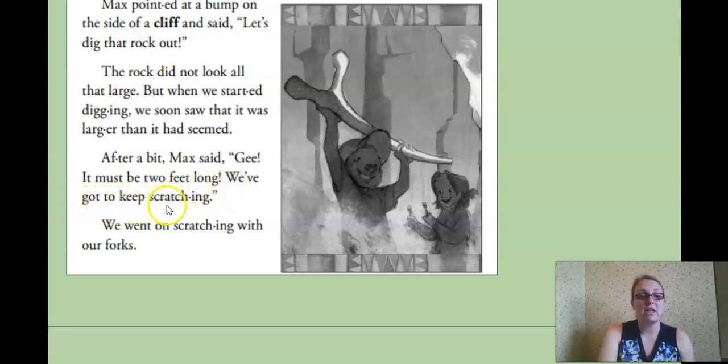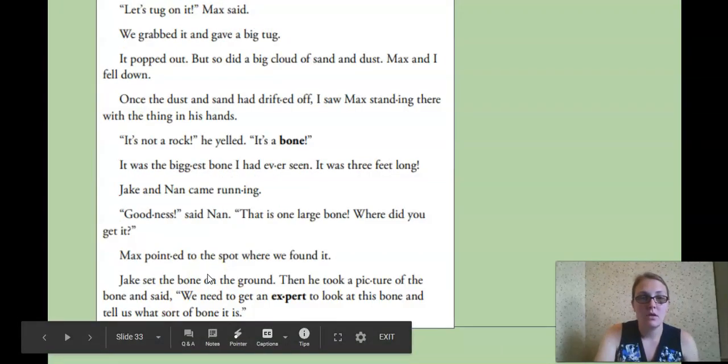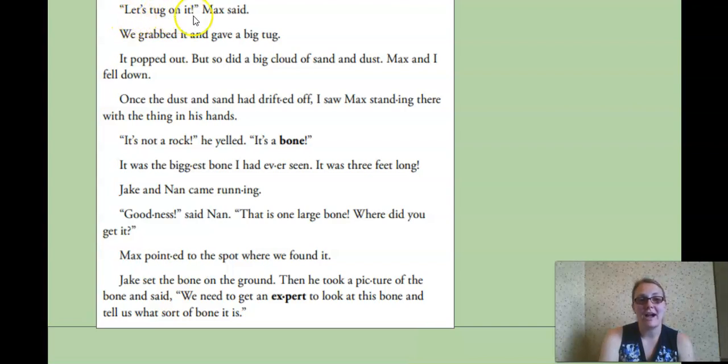We've got to keep scratching." We went on scratching with our forks. "Let's tug on it," Max said. We grabbed it and gave a big tug. It popped out, but so did a big cloud of sand and dust. Max and I fell down.